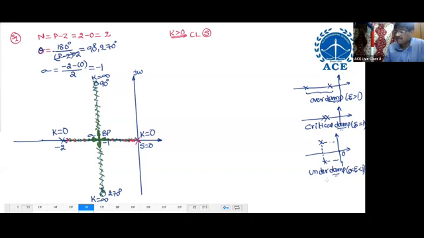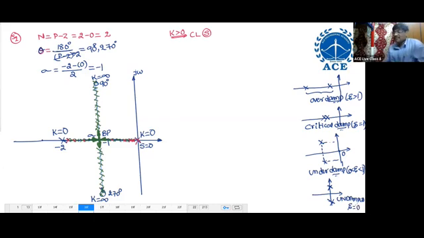Whenever poles lie on the imaginary axis like this, it is called undamped, with zeta equal to 0.